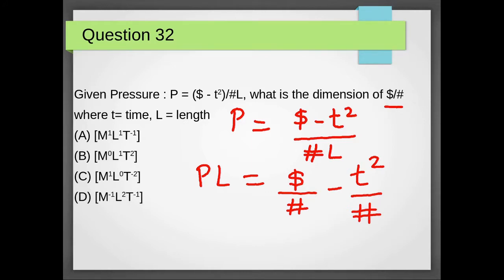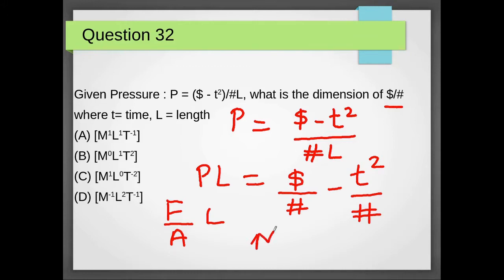So P is pressure. Pressure is nothing but force by area. So it is force by area into length. So force has a dimension of, if you recall, force is mass into acceleration.